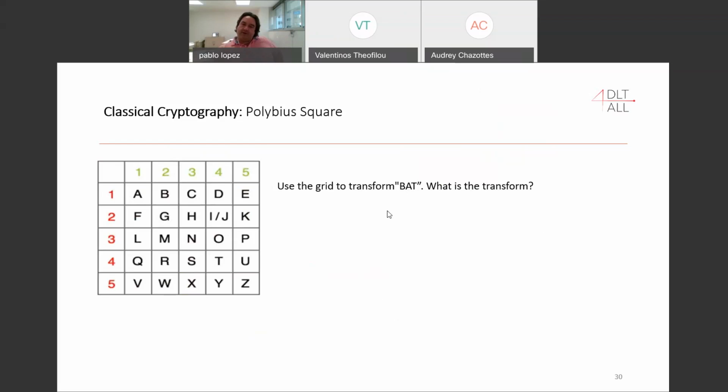If anyone wants to share the resulting number, please feel free to write it.